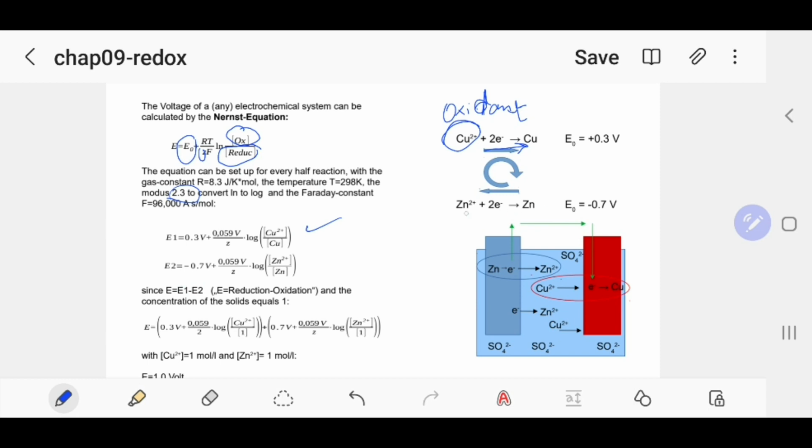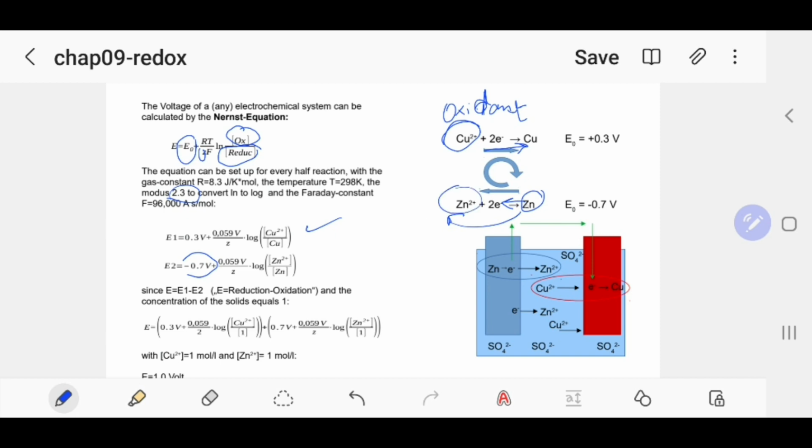And for the zinc, the same thing here, but the E0 is minus 0.7 from the table. We calculate the same numbers, we get 0.059 divided by Z, log concentration of the oxidant, which in this reaction should be like this, of course, because we start from the zinc metal and we get at the end the zinc ion.